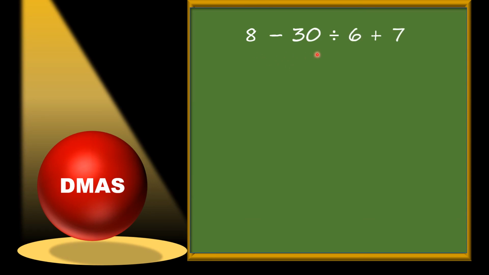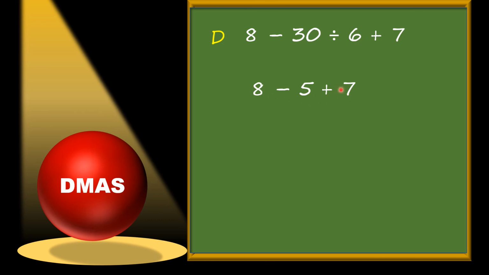Next question is this. 8 minus 30 divided by 6 plus 7. So here again division is there. So we will do divide first. 30 divided by 6. It means after division we will get 8 as it is minus 30 divided by 6 equals to 5 plus 7. Now here are two operations, subtraction and addition.